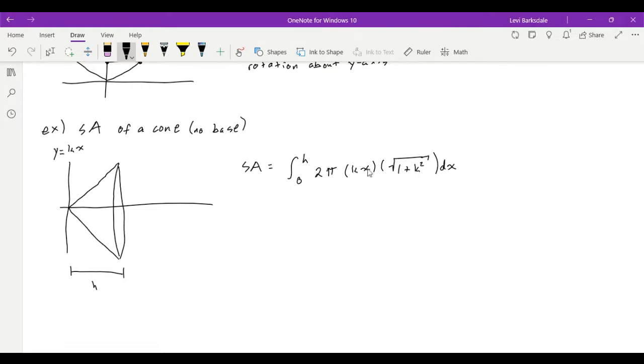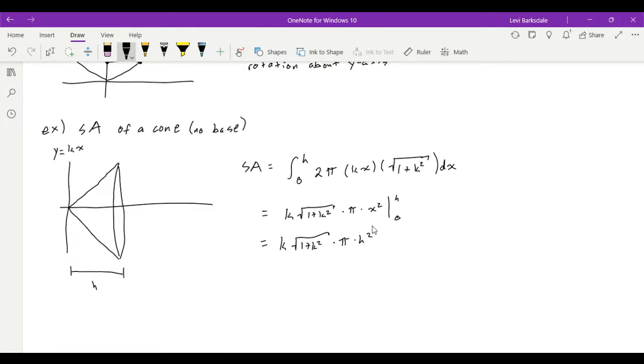Now, evaluating our integral, the only non-constant term is just this x here. So this integral simplifies to k root 1 plus k squared times pi times x squared, ranging from 0 up until h, which gives us k square root 1 plus k squared times pi times h squared.